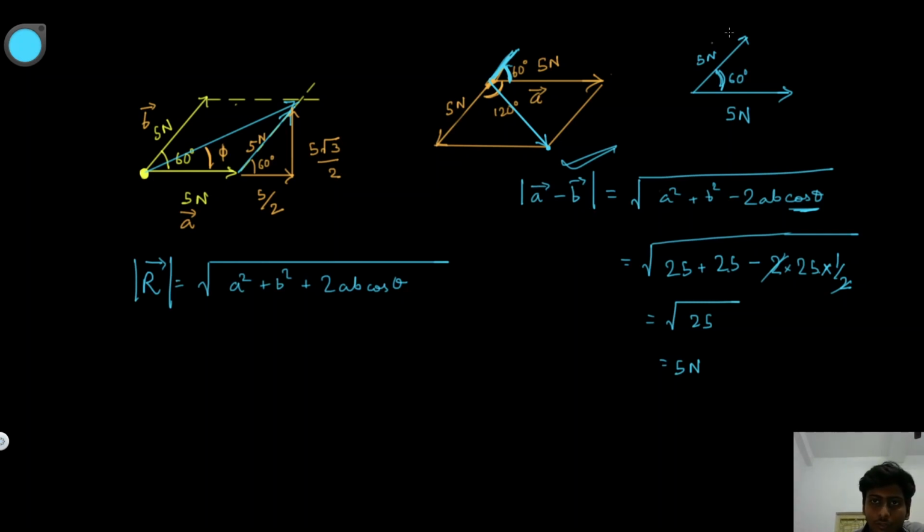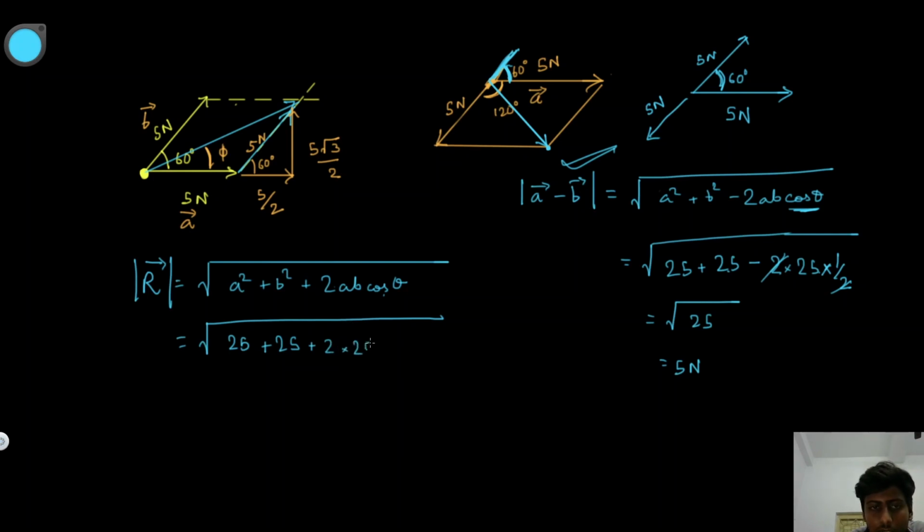I had directly applied the vector subtraction formula using this diagram. Now if I want to flip this and make this minus b vector and then perform the addition, it is still indirectly vector subtraction. So now I can easily perform this operation using the vector addition formula. So this would be 5 square plus 5 square plus 2ab, 2 into 5 into 5, which is 25.